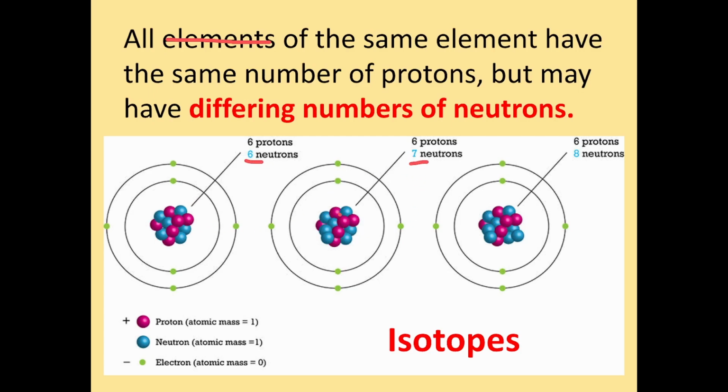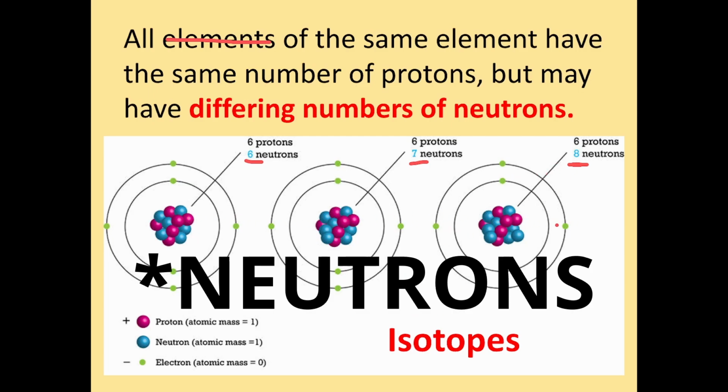This atom has all the same properties of that one, except it's a tiny bit heavier because it has an extra neutron. This is also carbon because it has 6 protons, but it has 8 neutrons. This is another isotope of carbon, and it's a tiny bit heavier than the previous one, and it's a little heavier than the first one, but they all have the same properties. The difference is they have different numbers of neutrons.